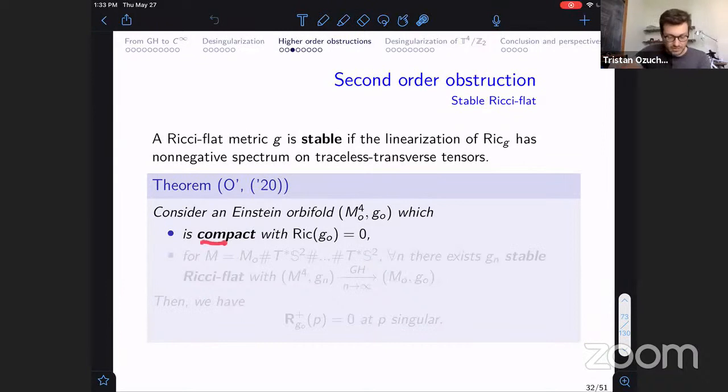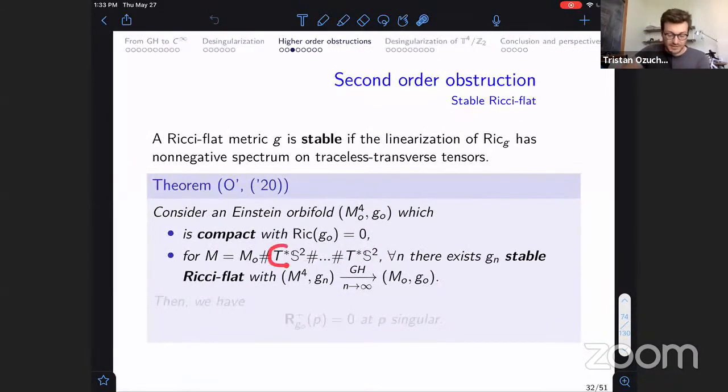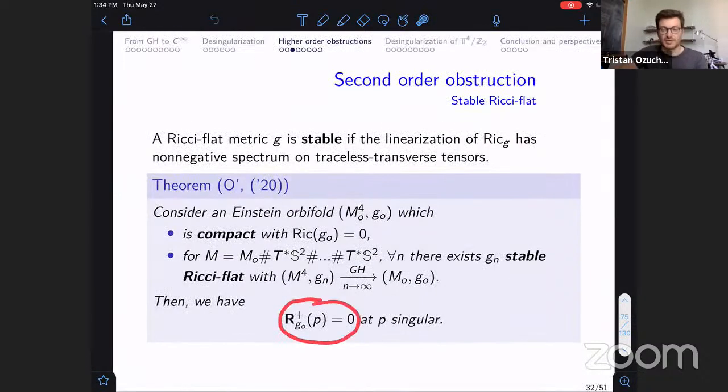So I can work with only a compact Ricci-flat orbifold, which has several Augustian metrics glued to it. And if I assume that there is a sequence of stable Ricci-flat metrics which approaches this orbifold, then at every single point, the curvature is anti-self-dual. So again, mimicking what happens in the hyperkähler situation.